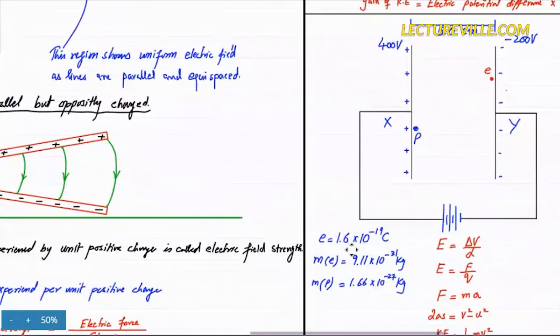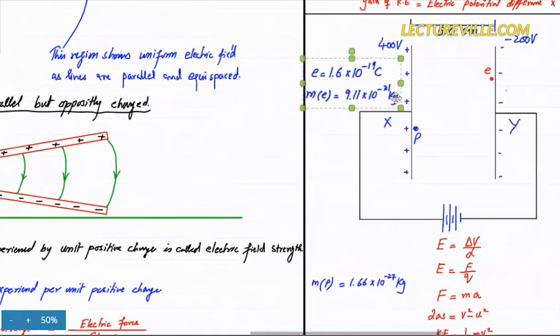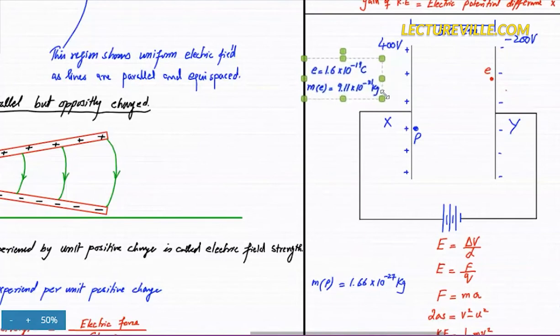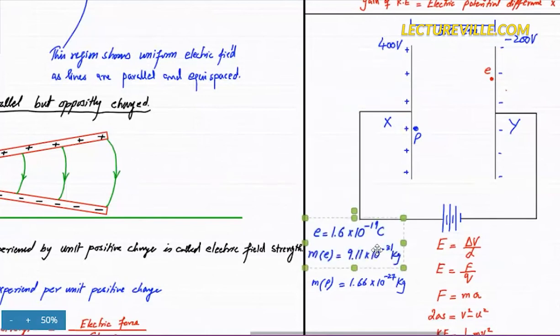The charge on electron is 1.6 into 10 to the power minus 19, and mass of electron is 9.11 into 10 to the power minus 31. Okay, we need these two numbers. Actually, they should be over here. Otherwise, they will confuse with other numbers.